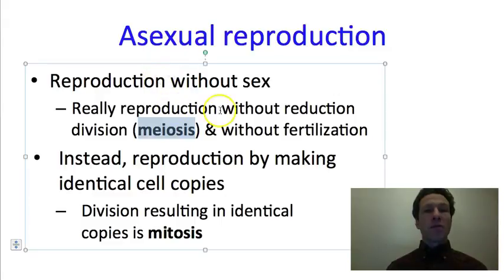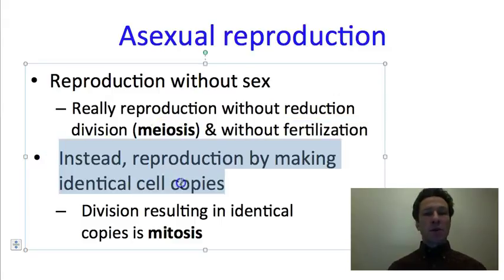So asexual reproduction does not have meiosis. It also does not have fertilization, because if we don't reduce the number of chromosomes, we cannot combine chromosomes from 2 different cells together. And so it's a much simpler life cycle. Really what happens in asexual reproduction is we get identical copies of the parent cell in the offspring.